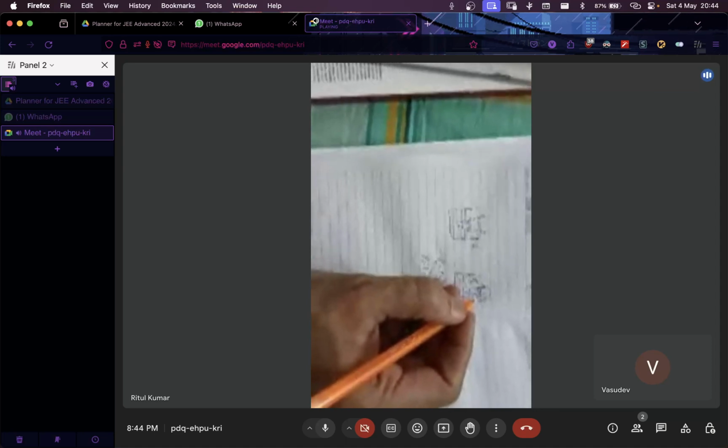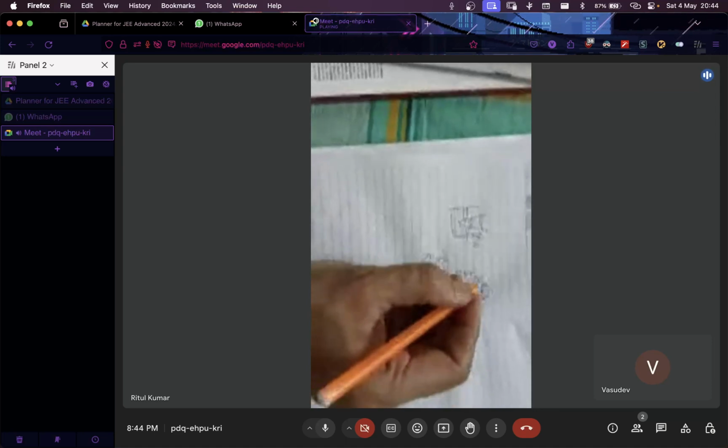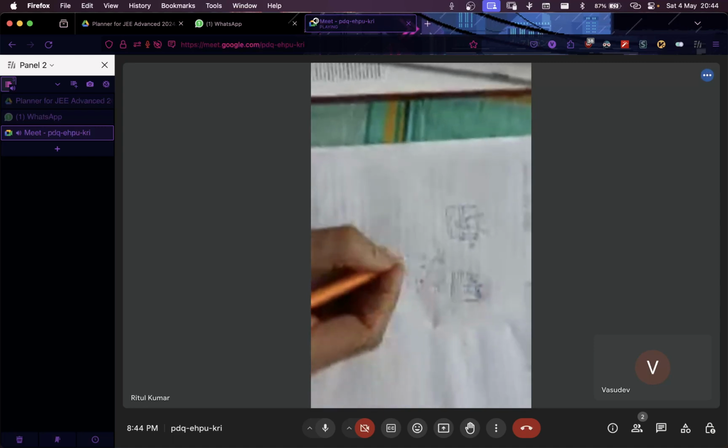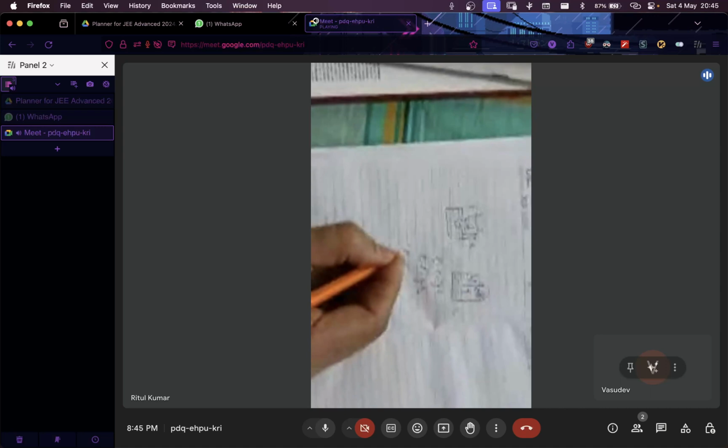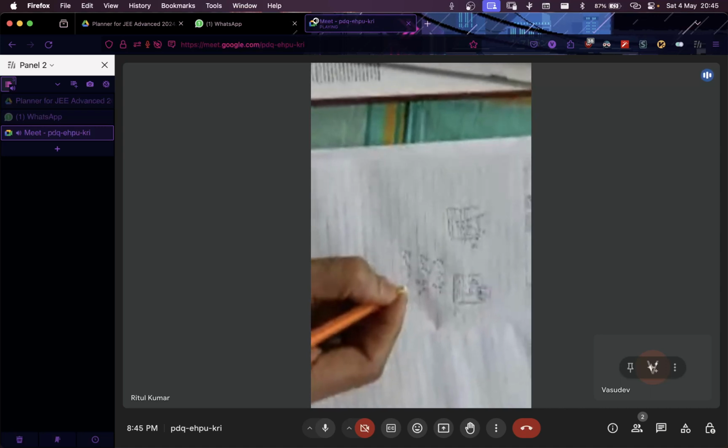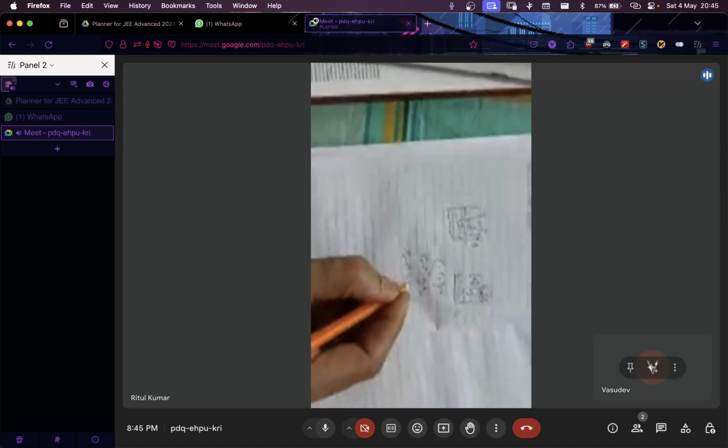Because as per surface tension, if it is a sphere, P naught minus P, that is the additional pressure, should be equal to 2T by R, correct?